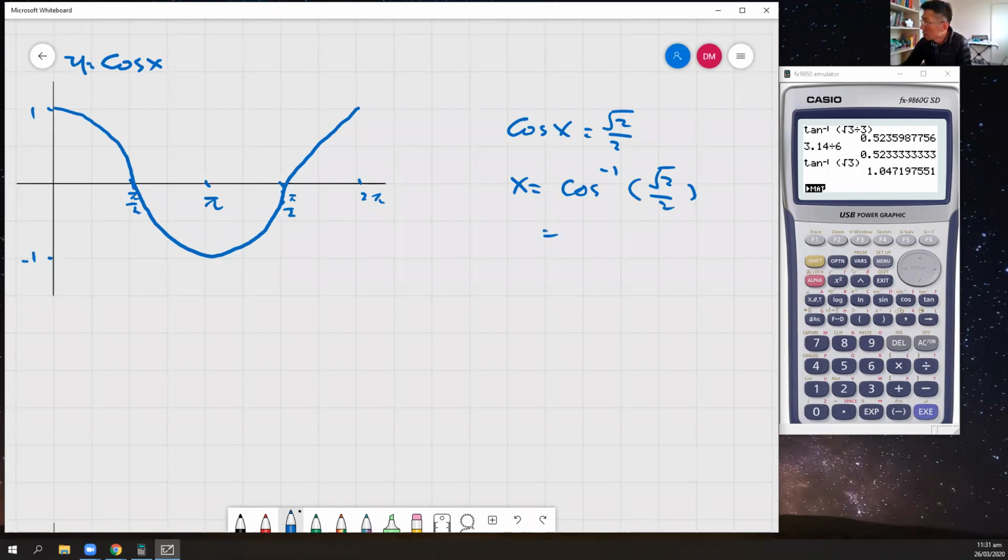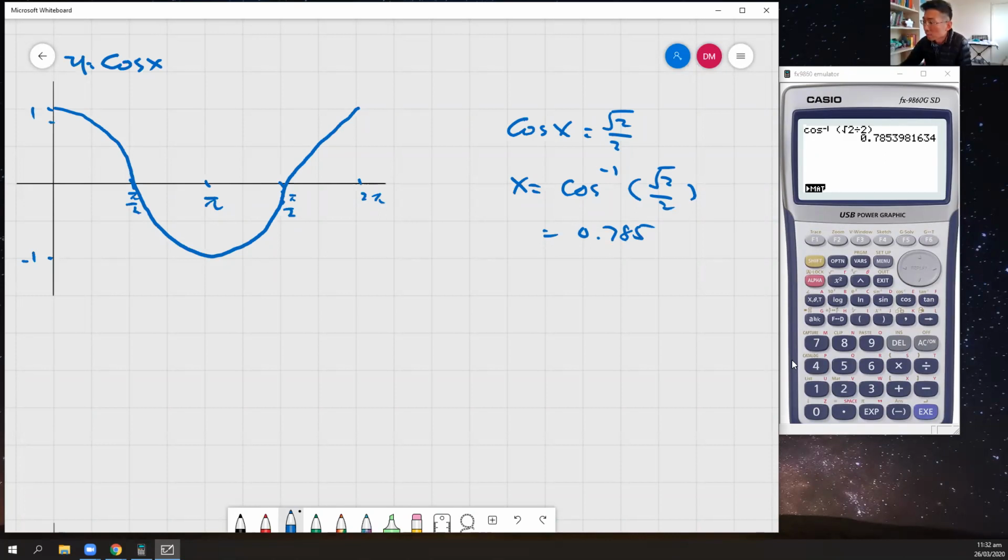Make sure you can see the calculator over there. If I clear it, inverse cosine bracket square root of 2 over 2 and bracket finish. That should give us 0.785, something like that, right? So roughly it is around here.